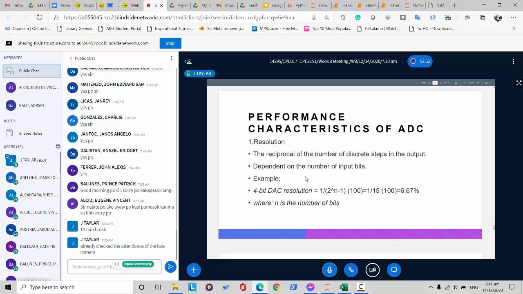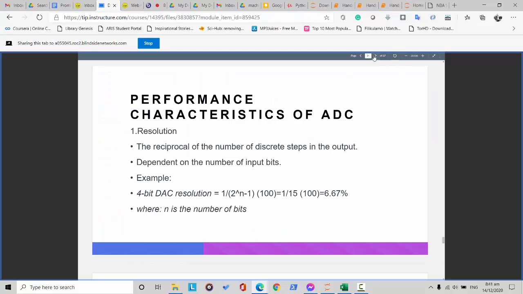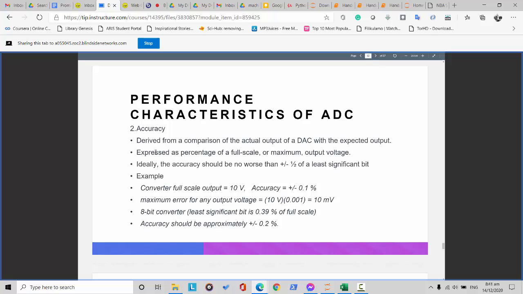So if you want to compute for the resolution, which is the reciprocal of the number of discrete steps in the output, this is the formula. That will be equal to 1 over 2 raised to n minus 1 multiplied by 100, to take into account the percentage of the resolution. Now the next performance characteristic is what we call the accuracy.